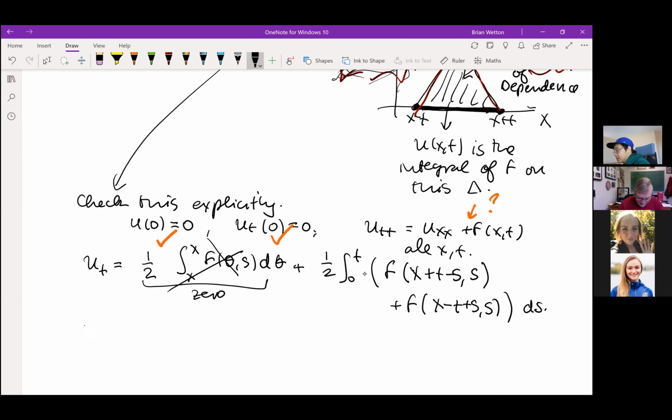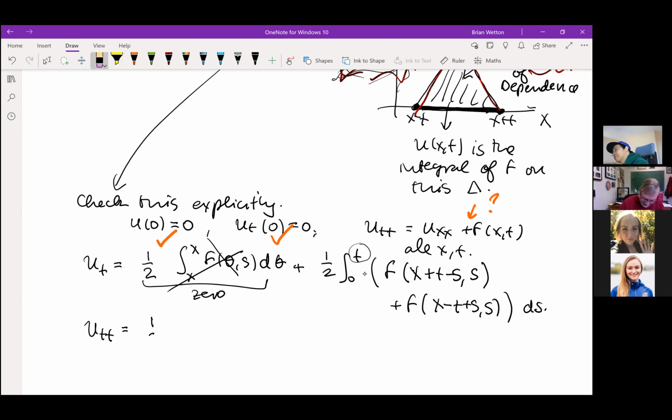Oh dear. Okay, so UTT. What's that going to be? Well, I got two pieces, the same as before. So one of them is going to be 1/2 times, well, oh, no, I think my 1/2 is going to cancel here.